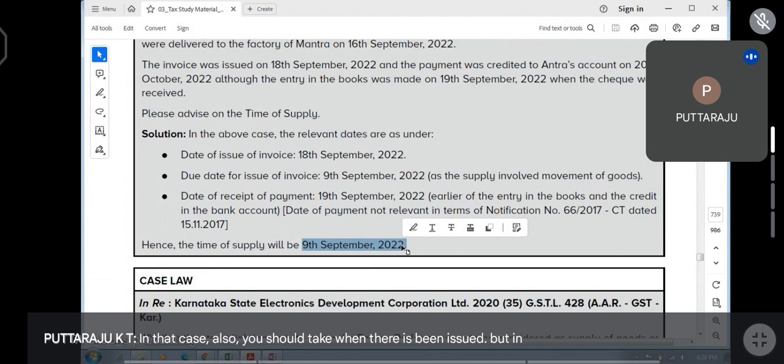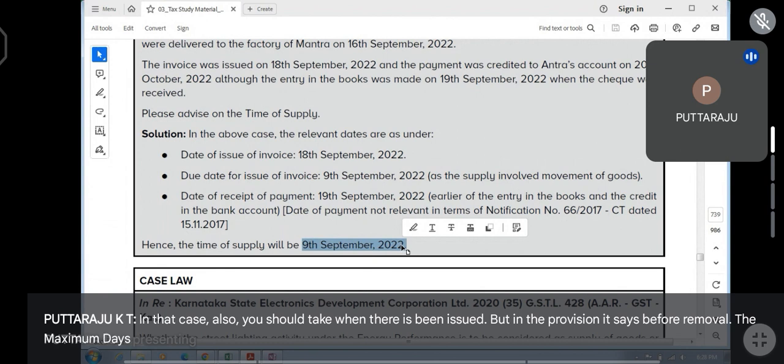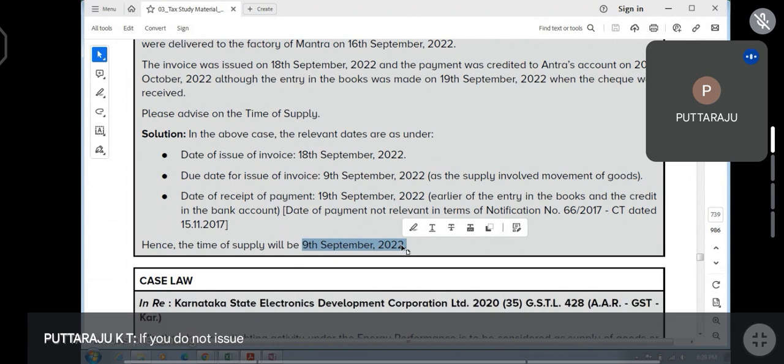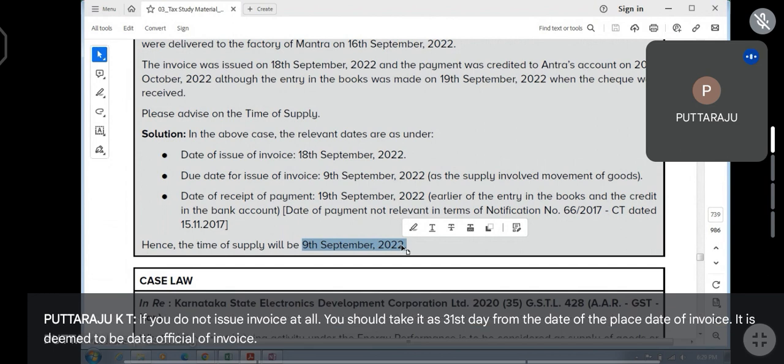But the provision says before removal. The maximum is 31 days. If you do not issue an invoice at all, you take the 31st day from the date of supply as the deemed date of issue of invoice.